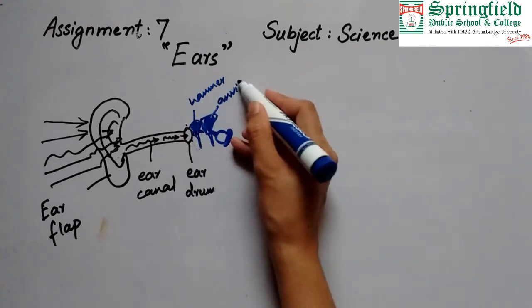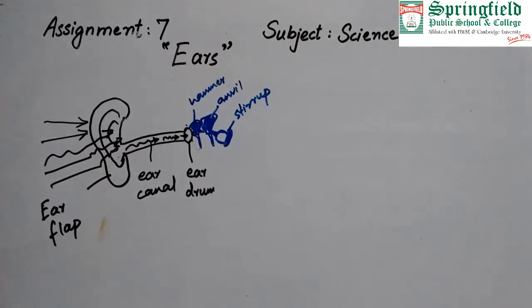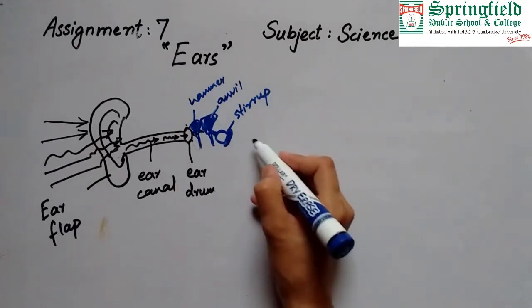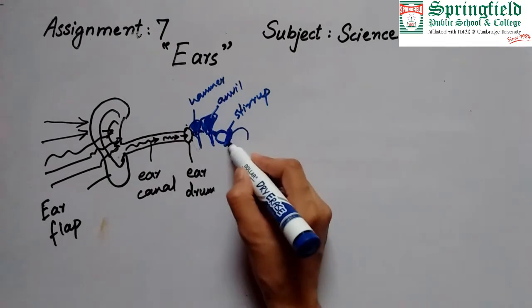This is the anvil and this one is the stirrup. From the stirrup, this blue portion is the middle ear. From here, the vibrations are transferred to the cochlea.